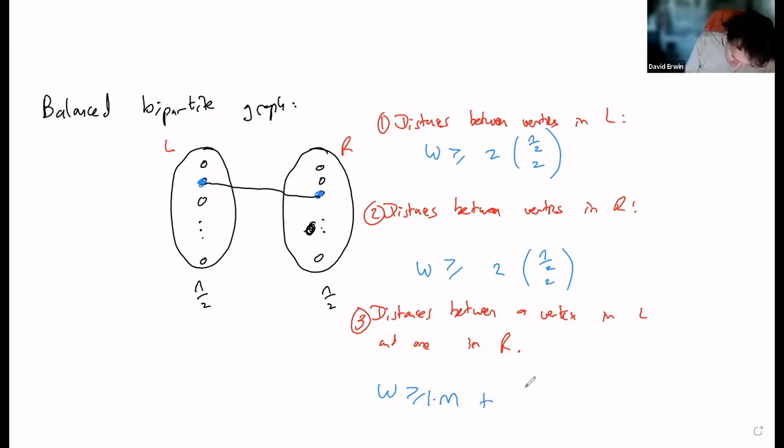So what have we got here? We've got n over 2 vertices on the left-hand side, n over 2 vertices on the right-hand side. So that's that number of pairs we can choose, and then all of those vertices, except for the m pairs we've already talked about, are at distance at least 3.